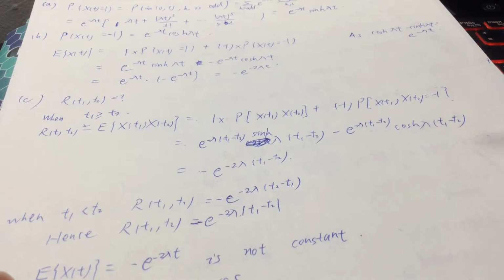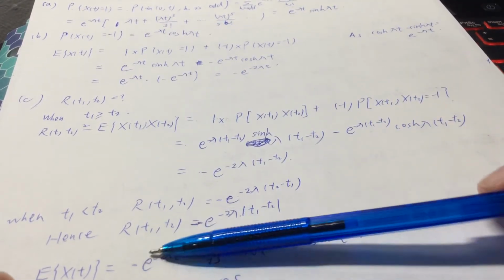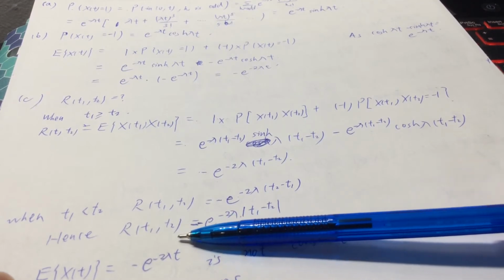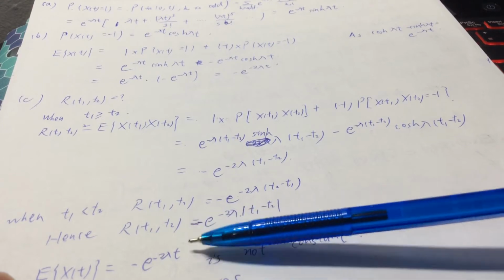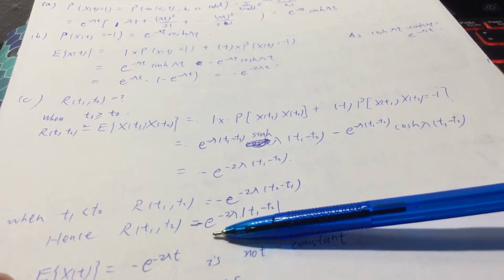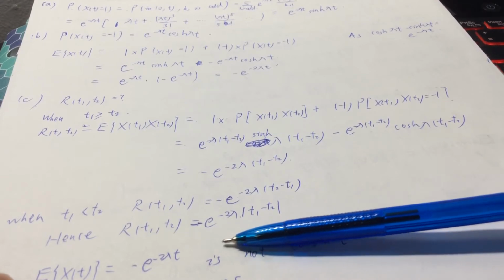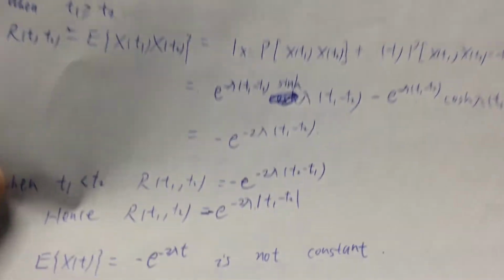So, in summary, the autocorrelation is equal to exponential to the power of minus 2 times lambda times the absolute value of T1 minus T2. So this is the third part.